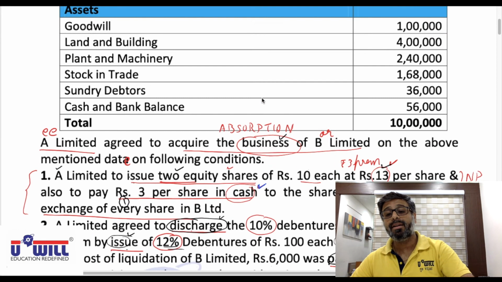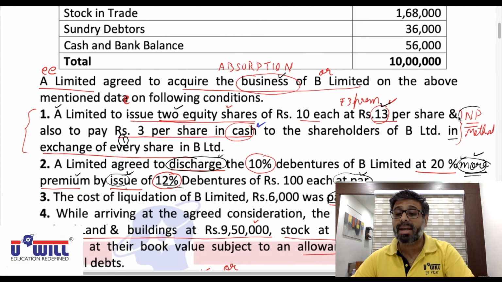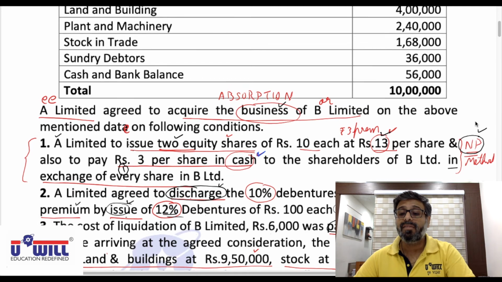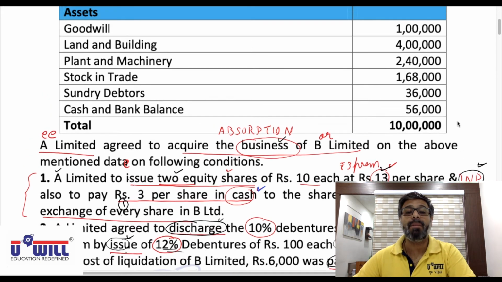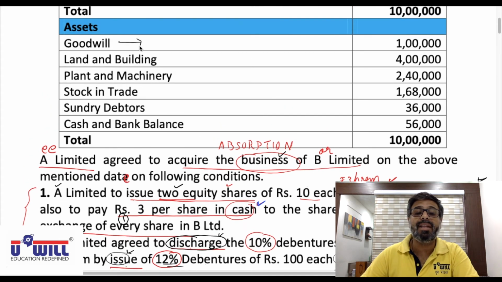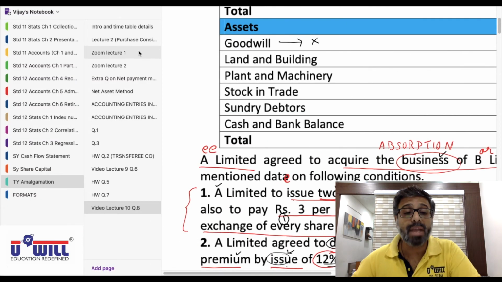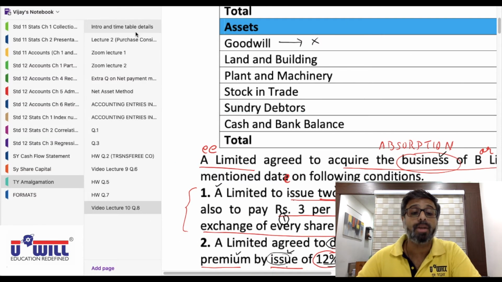So whenever we have purchase consideration by net payment method, I repeat, whenever we have purchase consideration by net payment method, goodwill given in the balance sheet will not be taken into consideration. You can write this as a note somewhere in the beginning of your lectures.